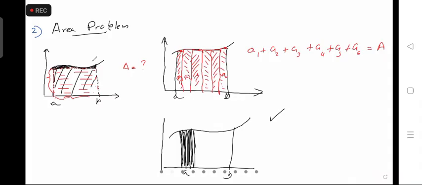So this area problem is also a challenge, but we can deal with that problem this way. You know the way. Okay, let's try to understand a little bit more.